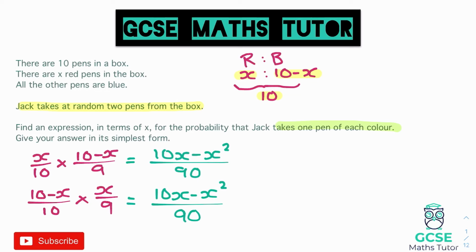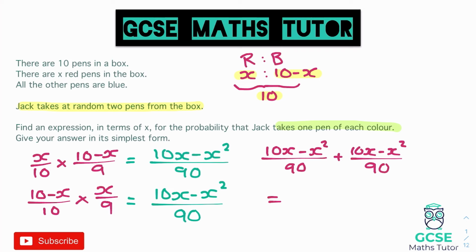Just like normal probability trees, we're going to have to combine these together. So let's just write that out as our actual working. So 10x minus x squared over 90. And we're going to add to that the same thing, 10x minus x squared over 90. Now when we add fractions together, our denominator there isn't going to change, so it's still going to be over 90.